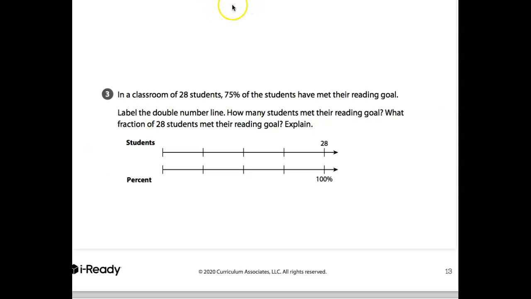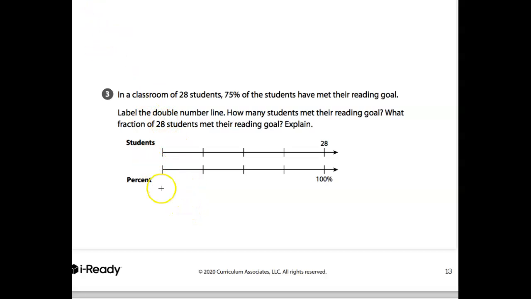So let's go in here and label. This is 0%. And I'm not putting the percent signs because it just is a little distracting. Just know that this is percent. 20, 40, wait a minute. I did that wrong. I've got to erase.